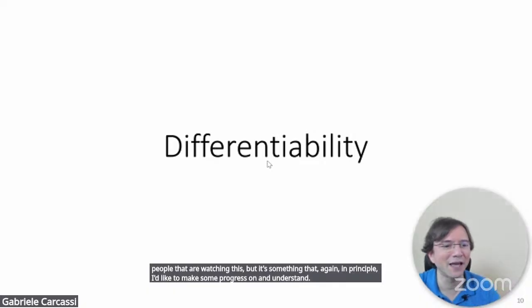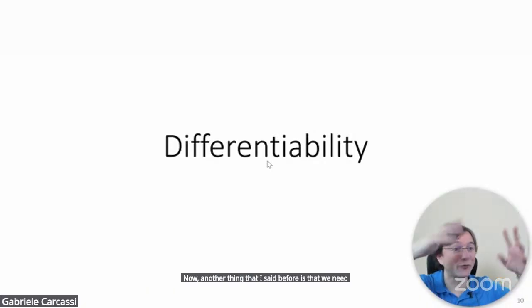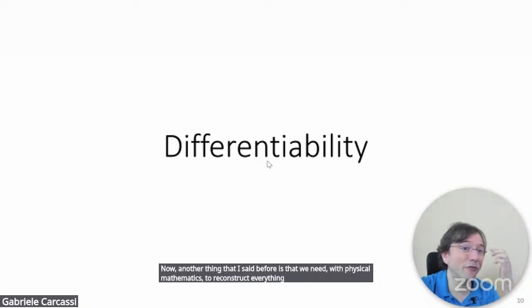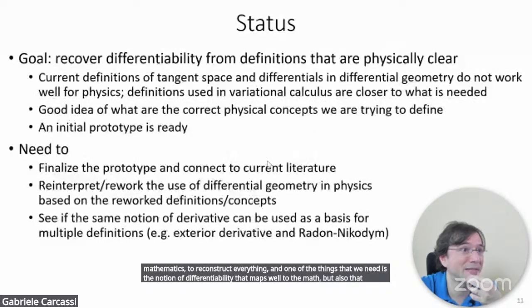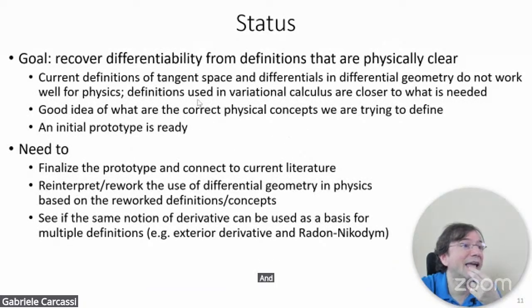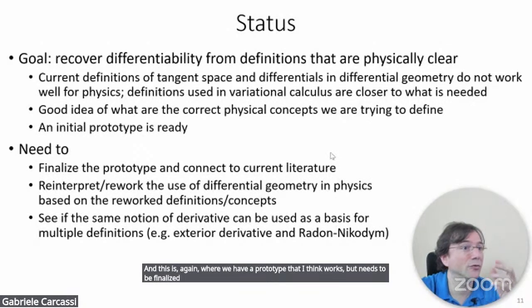Now, another thing that I said before is that we need, with physical mathematics, to reconstruct everything. And one of the things that we need is the notion of differentiability that maps well to the math, but also that is physically meaningful. And this is, again, where we have a prototype that I think works, but needs to be finalized compared to the current literature.